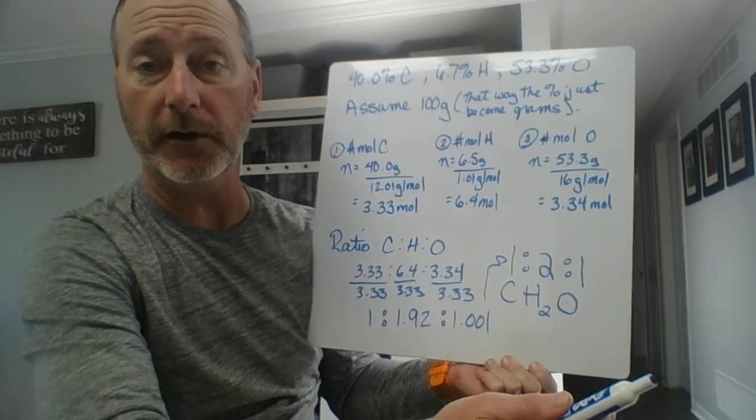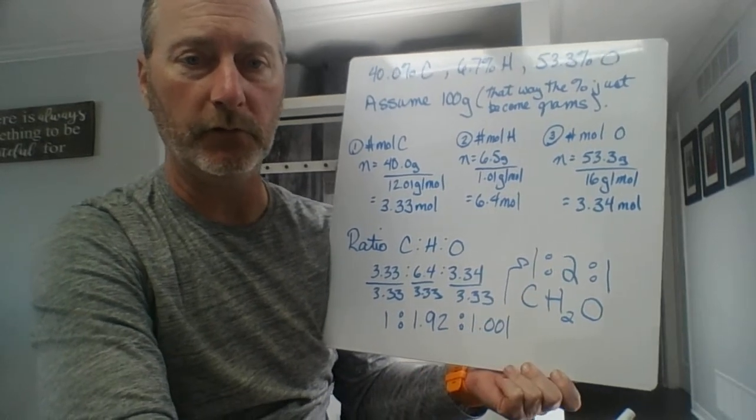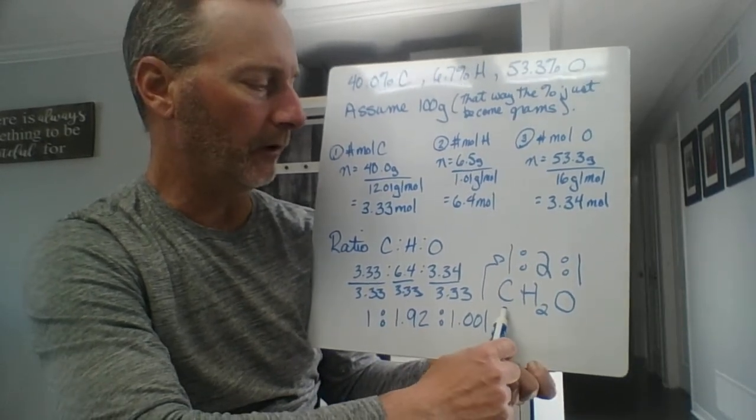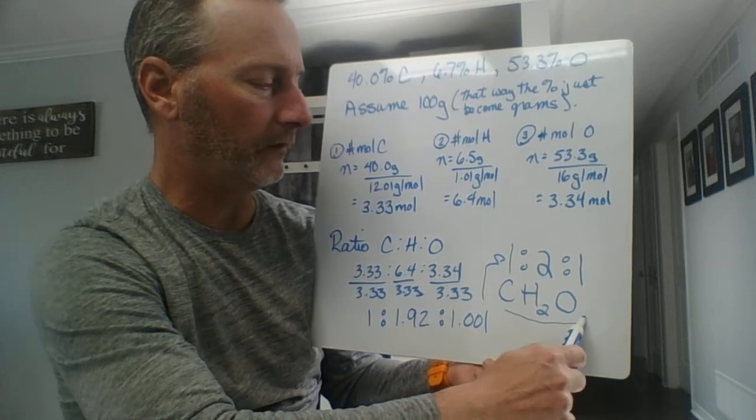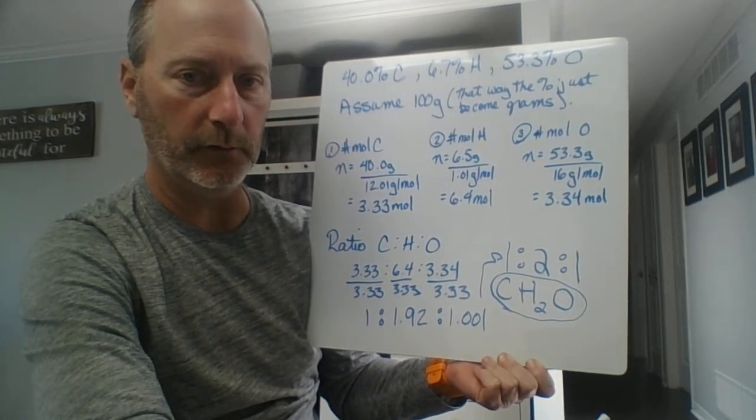You either have a full carbon atom or you don't. So we can't have a percentage or a decimal. We have to get rid of all those decimals. Remember, this is the lowest whole number ratio available to me. Okay, so there's the first one.